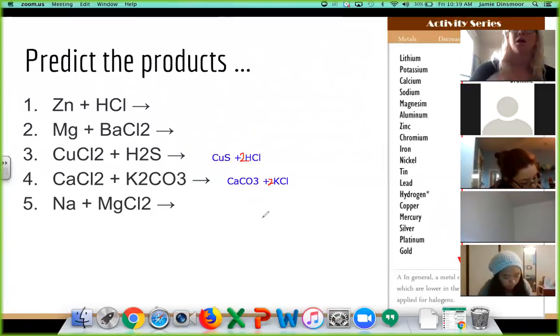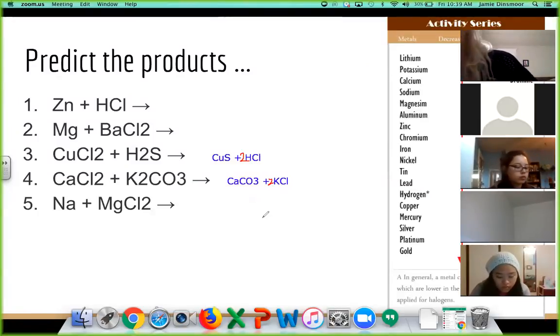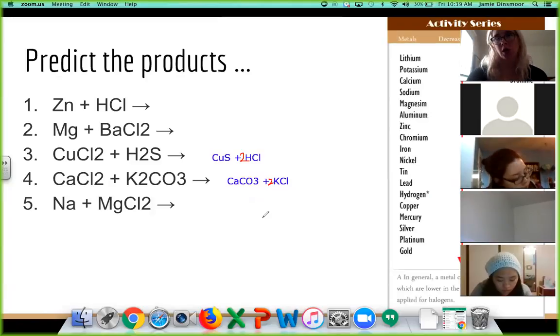Okay, last example that we're gonna do together. Actually, you guys try number 5 first really quickly. This one should be a little quicker than the double replacement reactions, which take time because you really do have to look at that bonding. We're looking here at sodium and magnesium, and we want to know, will that reaction happen?